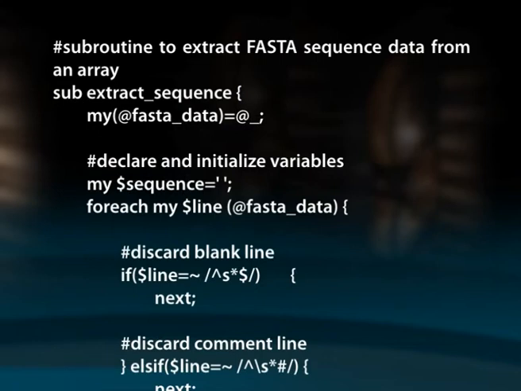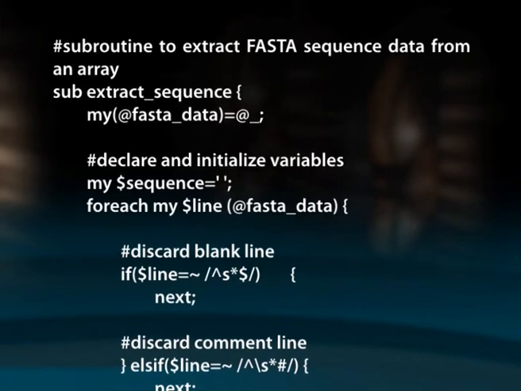The subroutine to extract FASTA sequence data from any array can be specified as extract_sequence. The arguments are collected and initialized to the array @fasta_data. Now declare and initialize variables, the sequence, and a foreach loop is used over the FASTA data.